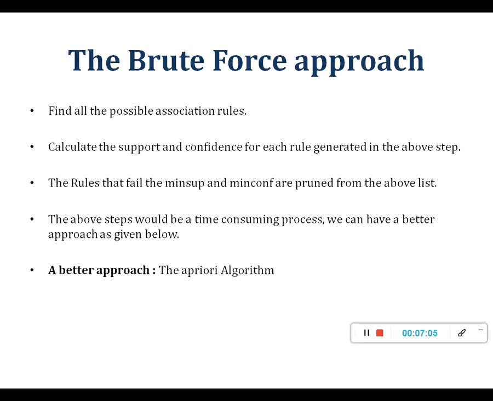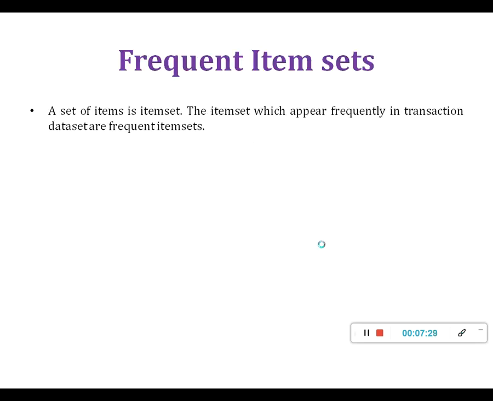So we are doing multiple things, and it becomes very time consuming. We have a better approach instead of this, called the Apriori algorithm. In our upcoming lecture we are going to see the Apriori algorithm, which is widely used in data mining, so we will see that algorithm also.